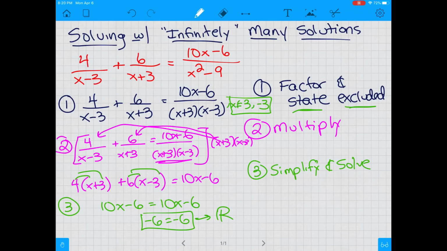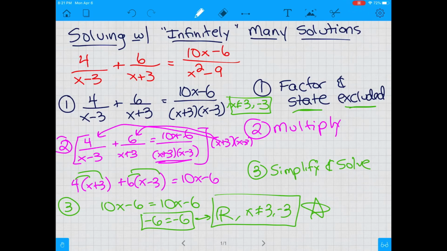So at the very end, my final solution is everything but 3 and negative 3. That's the key as to why I put infinitely in quotation marks. Yes, it's all real numbers. However, those numbers that I had to exclude at the beginning still get excluded from your final answer.